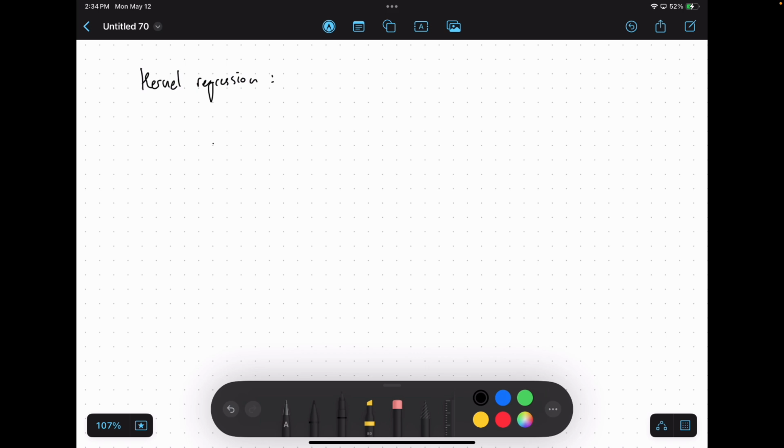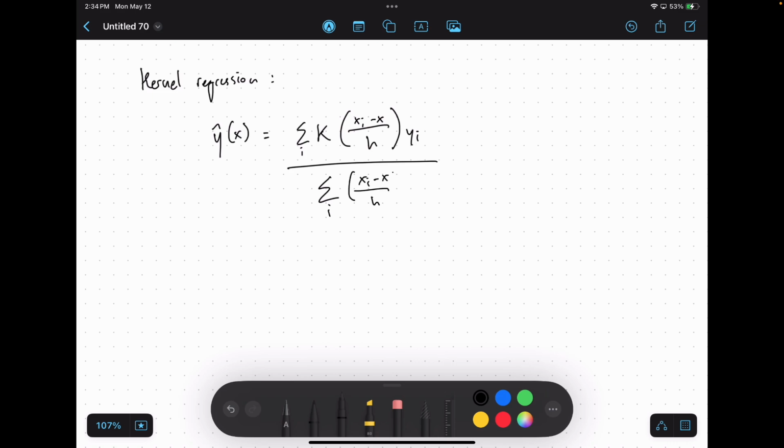And the equation for this looks something like this. All right.